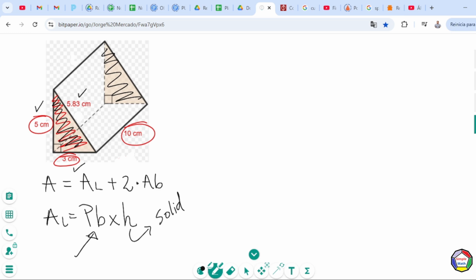So let's calculate first the lateral area. The lateral area is equal to the perimeter of the base, 5 plus 3 plus 5.83, and everything times the height.